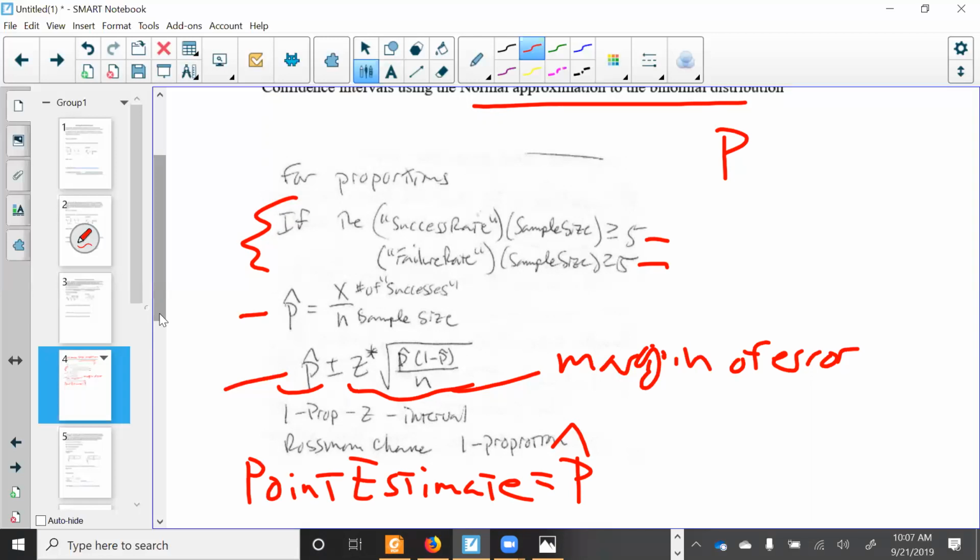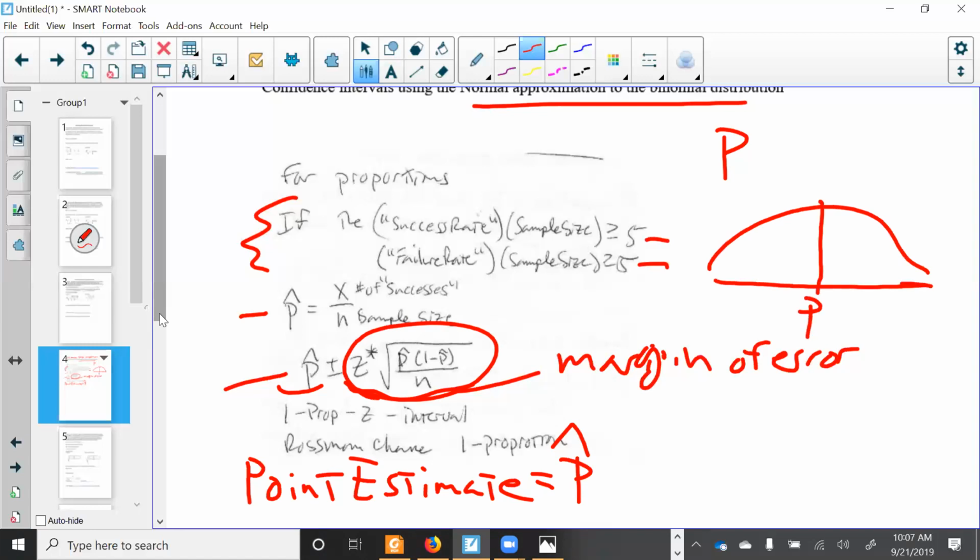And this takes into account all the wiggle room from all the possible samples. Because we know the distribution, right? We know the distribution of all these little p hats. See, I don't know what P is. I don't know the population proportion, but I can go out and calculate a p hat. And you saw this with that guy's video about the pile of p hats. Even though we don't know the population proportion, we know how these sampling distributions behave.